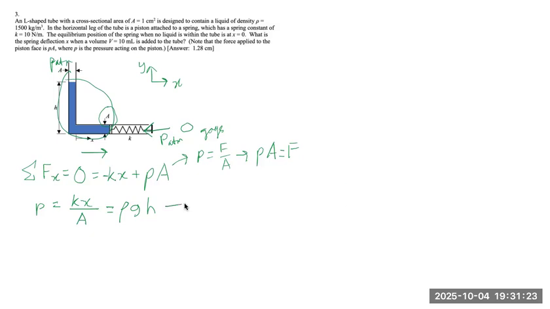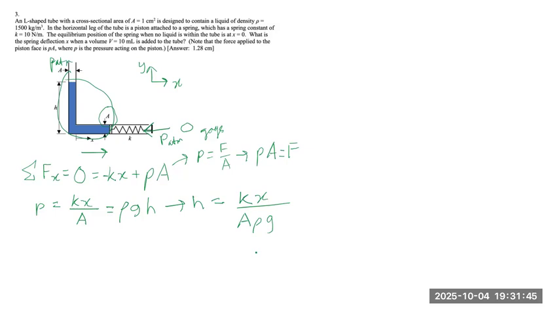From this equation, we can find that the height h is equal to kx over A rho g. And in this equation, we have two unknowns: h and x.